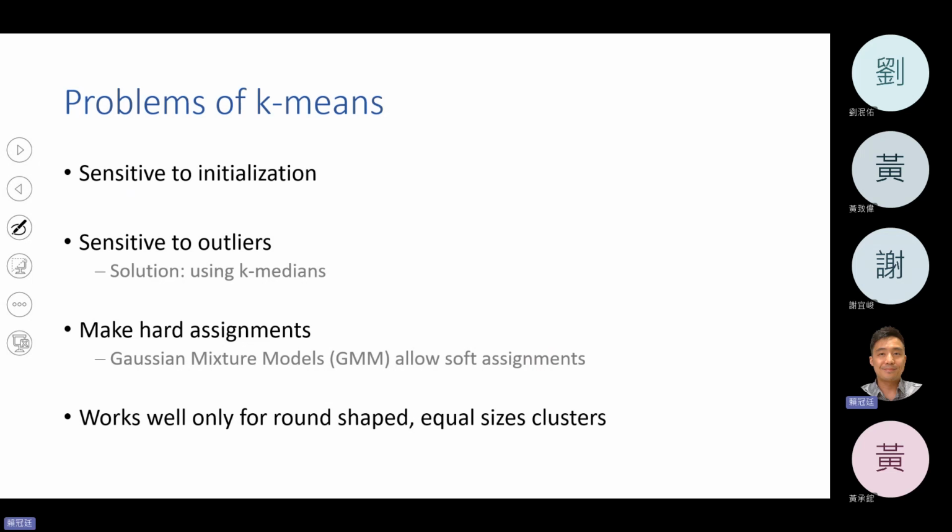You also need to make a hard assignment. It works well only for round-shaped, equal-size clusters. That's important. That's what is best suited for k-means.